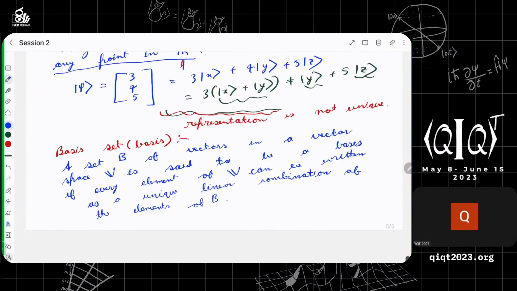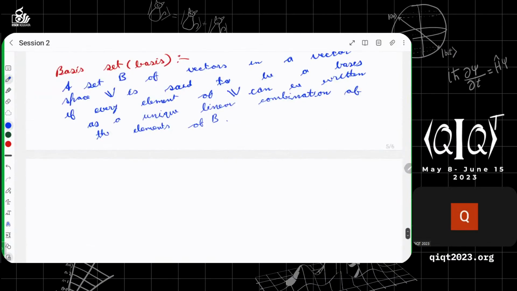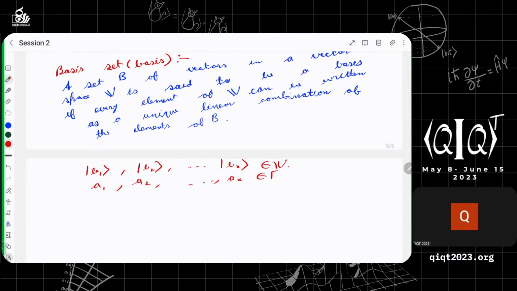So basically, if I have certain elements in the basis set, some vectors say B1, B2 up to Bn, and we have some scalars also, which are members of the field.